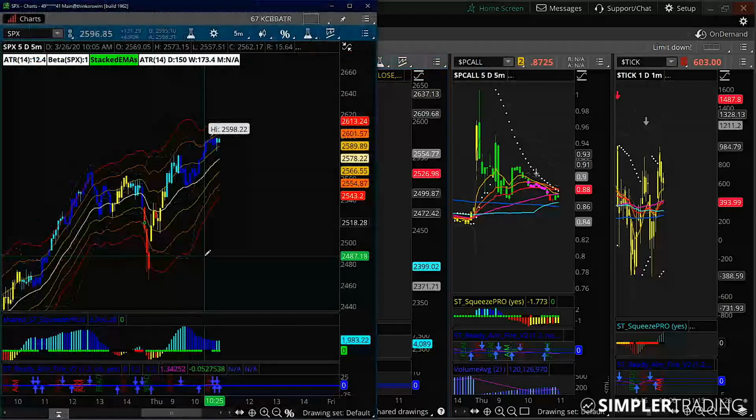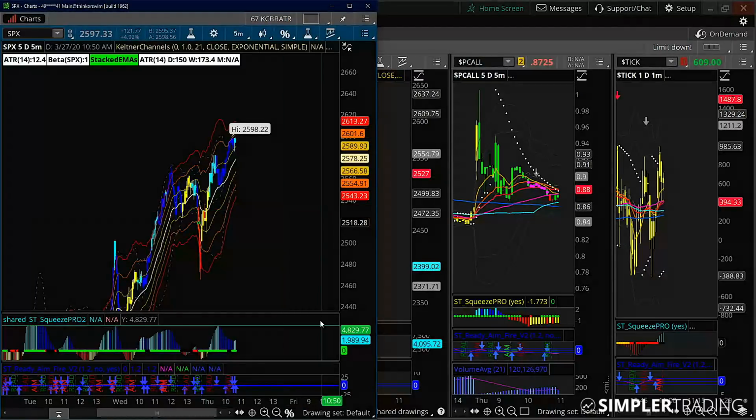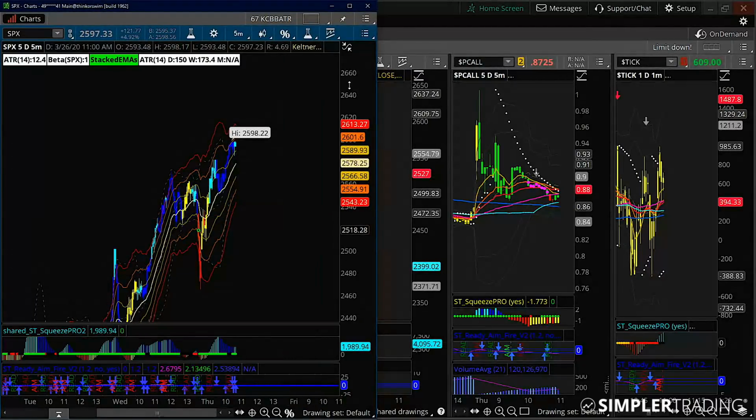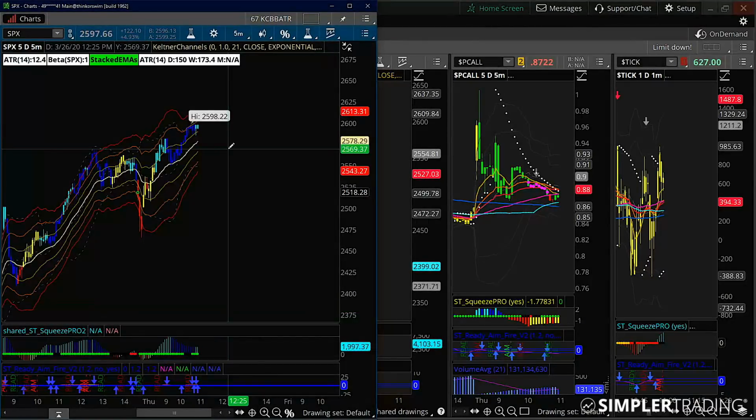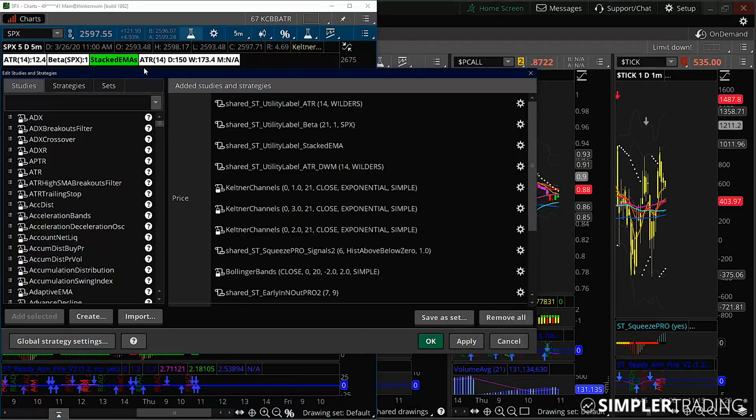ATR. I know that this is a synthetic, kind of a duplicate of one of JC's setups here, and I just did some customizations. But there's your average true range.